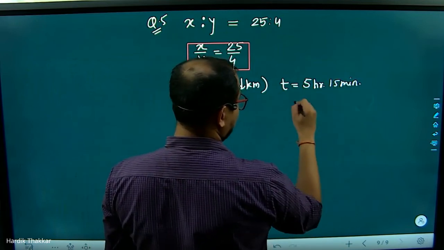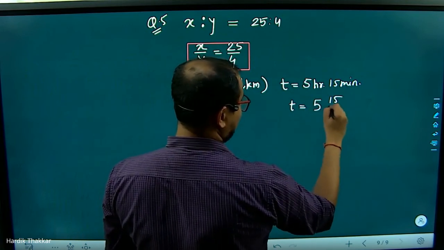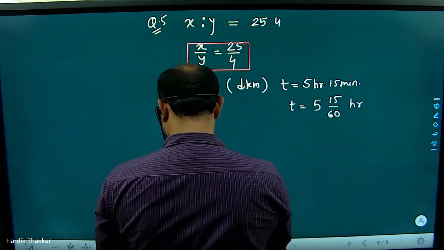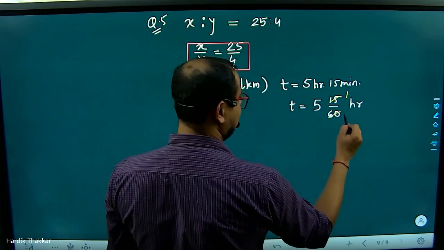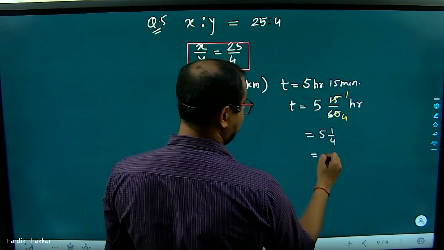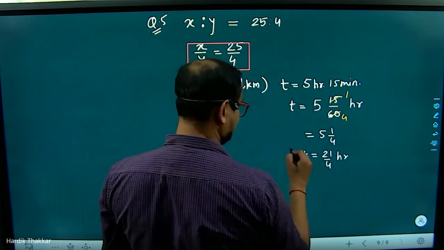We will convert this time in hours. So it will be 15 by 60 hours. We will convert this 15 in hours. So 15 ones are 15, fours are 60, and you'll get 5 1 by 4, that is 21 by 4 hours. So this is the total required time.